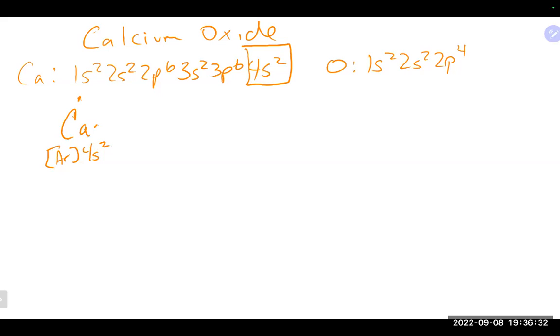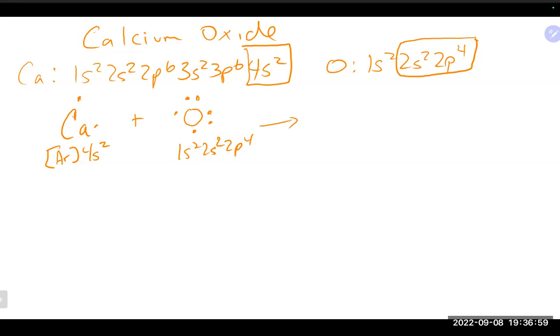Our oxygen there, which is group number 6, has these 6 valence electrons right there. So again, we could look at the group number to help us out. We'll do our 6 electrons like so, and again, our 1s2, 2s2, 2p4.